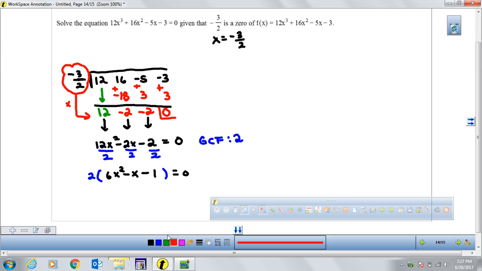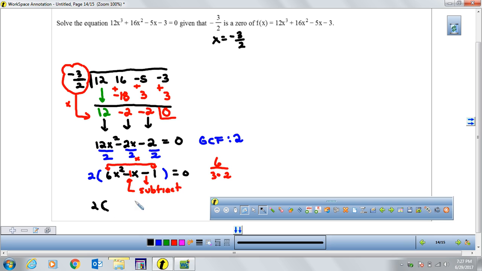Now, this is a trinomial, meaning that we have to factor it by multiplying a times c. 6 times 1 is going to be 6. So we need to find two numbers that when multiplied give me 6, and when subtracted give me a negative 1 as an answer. And those factors will be 3 and 2, but negative 3 and positive 2.